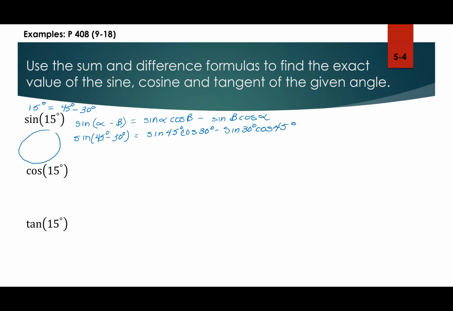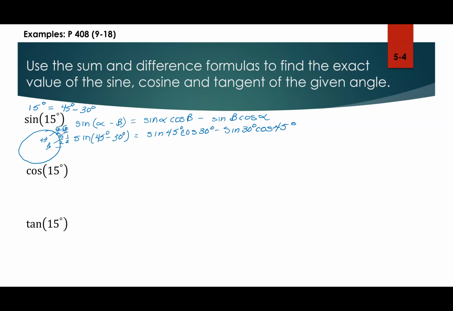Using my unit circle, 30 degrees is your first angle, and that coordinate is square root of 3 over 2, 1/2. The next angle is your 45 degree angle, and that coordinate is square root of 2 over 2, square root of 2 over 2.